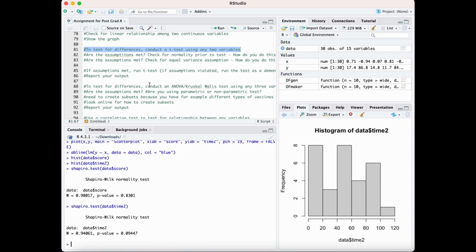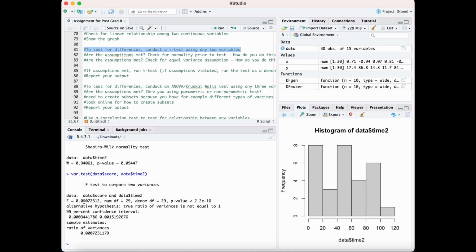The second assumption is the equal variances assumption. So we can run it using this variance test, with data score and data time 2. It seems like the p-value is less than 0.05, which means it is statistically significant, indicating that the two data sets do not have equal variances.